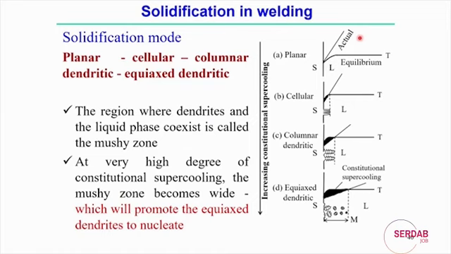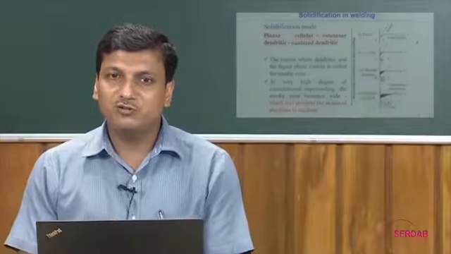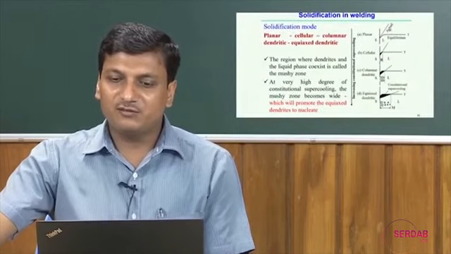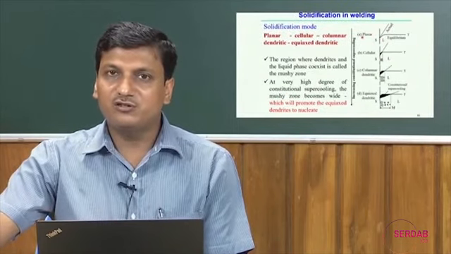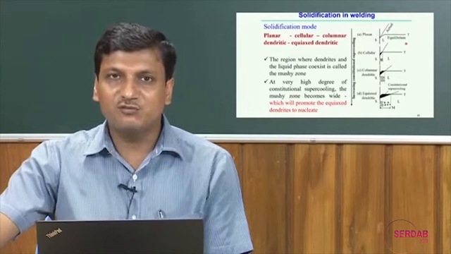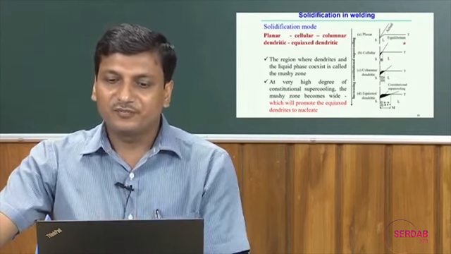In that curve, of distance versus temperature, the temperature and actual slope are not interfering with respect to each other. That means there is no constitutional supercooling. So that promotes the planar kind of solid liquid interface. The mode of the solidification is basically planar.